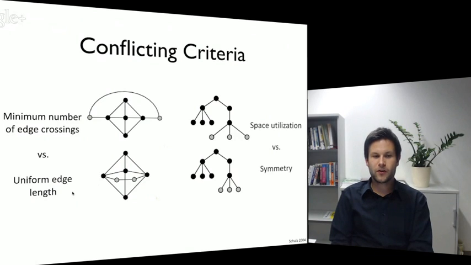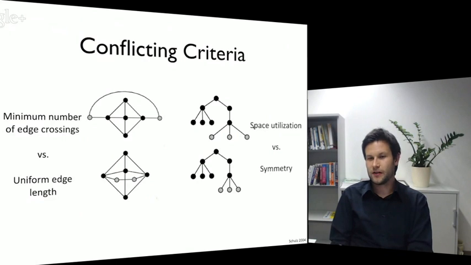But if we would go for a uniform edge length, then of course the version at the top is no option because we have a really long edge. If we want to have shorter edges that should be almost of the same length, then we would need to violate this edge crossing criteria. So here we would have a crossing edge.